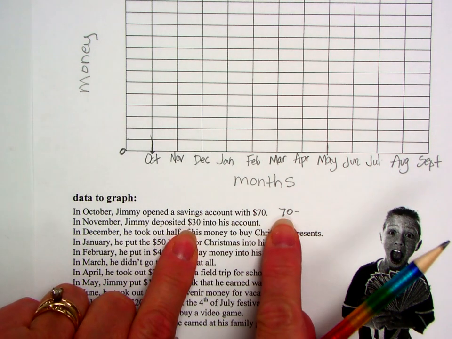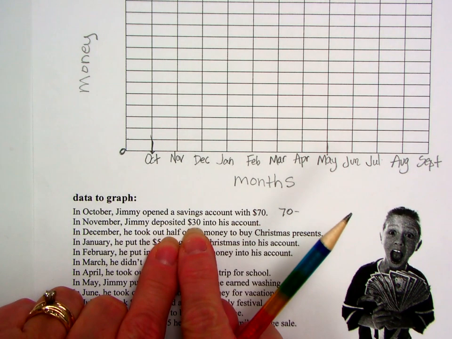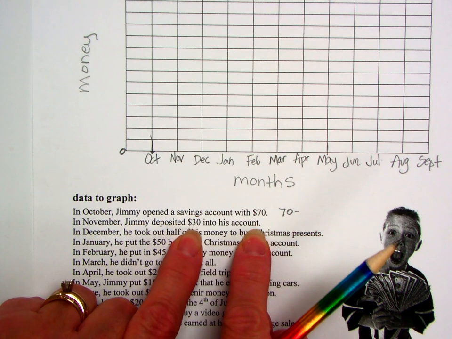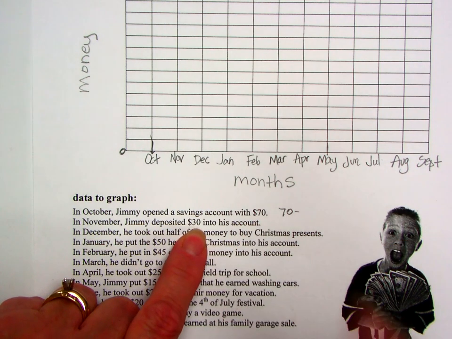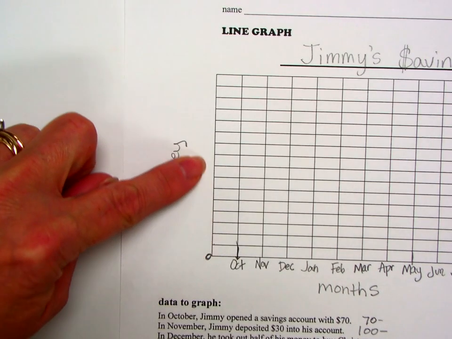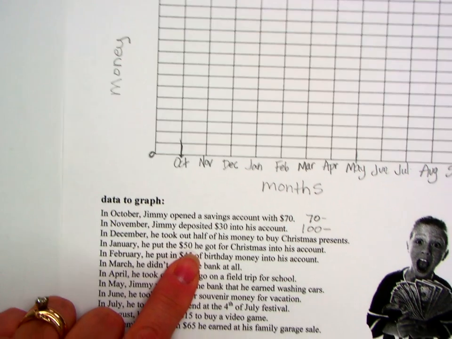He has the $70 that he already had plus $30 more. So the amount that he has in his account right now is 70 plus 30, which is $100. So now I know that these boxes need to go at least up to 100. But I'm going to keep going just to make sure.